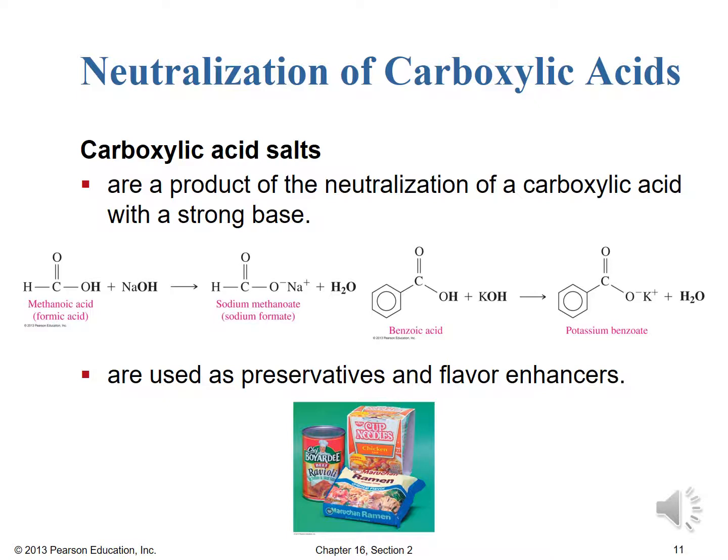These carboxylic acids are strong, unpleasant odor compounds, and cleaners tend to be basic, and that'll help to deprotonate the carboxylic acid. Once you form the carboxylic acid salt, you've eliminated the smell. So something very unpleasant like butyric acid, if you wipe it up with some base, you make essentially an odorless product, the carboxylic acid salt.